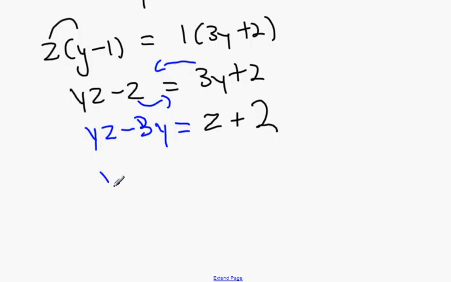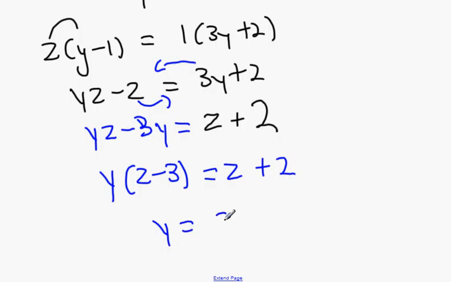Yeah? Y into, what's left over? Equals z plus 2. Now what happens? Z plus 2 divided by z minus 3. Looks like a 2. Yes, Brian?